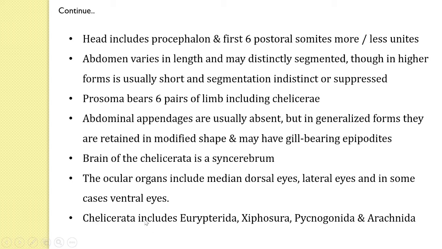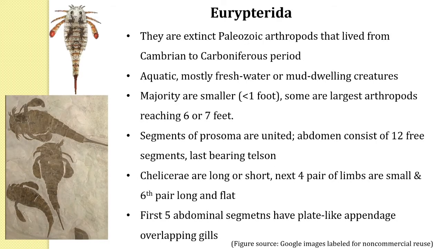Now this whole Chelicerata includes the Eurypterida, Xiphosura, Pycnogonida, and the modern arthropods, the Arachnida. So let's see one by one. First of all, the Eurypterida. The eurypterids are extinct Paleozoic arthropods that lived from the Cambrian to the Carboniferous period, but they attained their greatest development in the Silurian and Devonian periods.